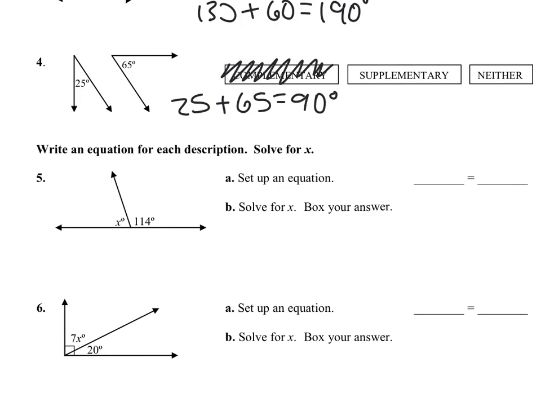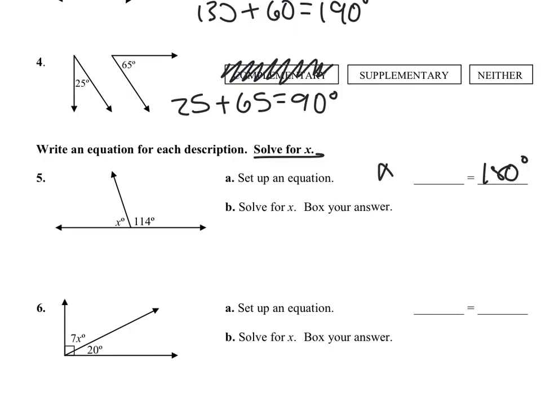Number 5 and 6, it says write an equation for each description and solve for x. So we're just solving for x, we're not solving for an actual degree measurement yet. So number 5, we've got one angle that's x degrees and the other one 114 degrees. Let's assume that these angle pairs are supplementary, so they're going to equal 180 degrees.